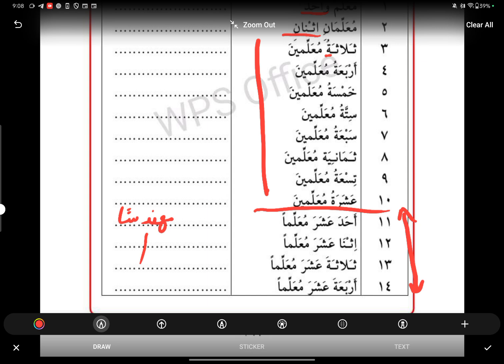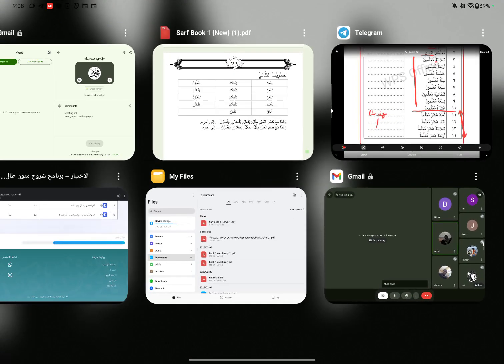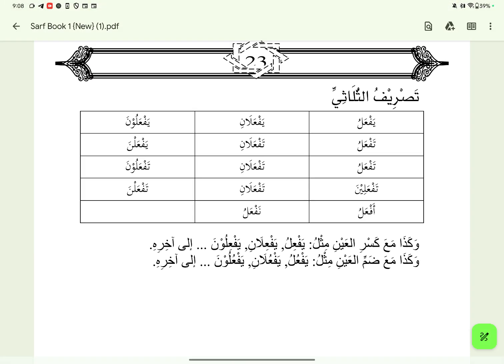All right, alhamdulillah. So now that we're familiar with numbers to some extent, we're going to switch back to verbs, to Sarf, inshallah.